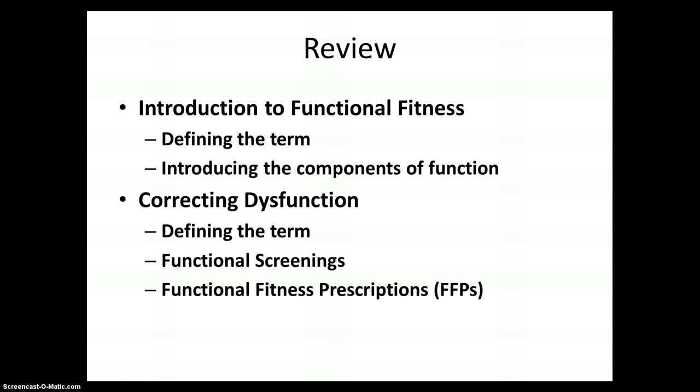The use of functional screenings and how that allows us to categorize into one of 6 or more categories of dysfunction, and then how we use the functional fitness prescriptions to specifically program variation to that individual and organization's specific needs.